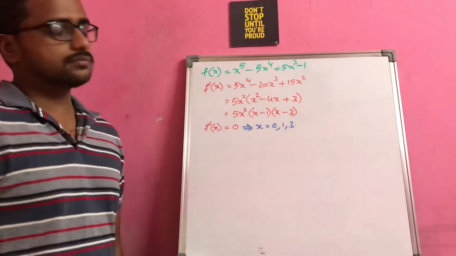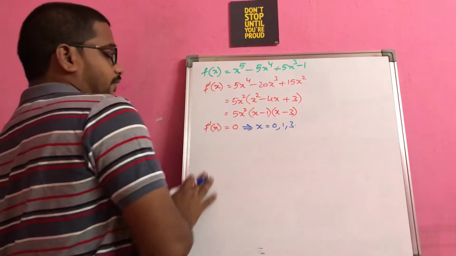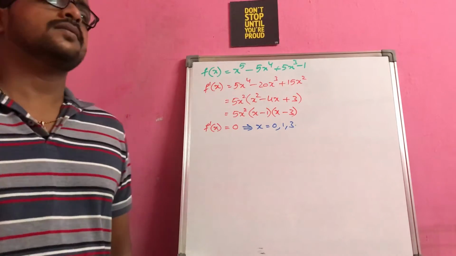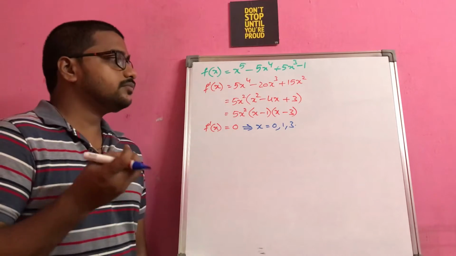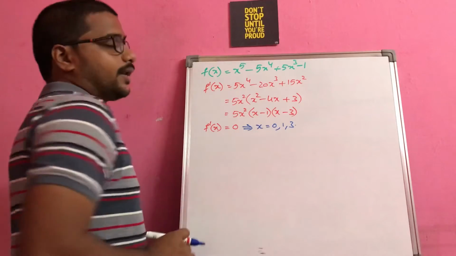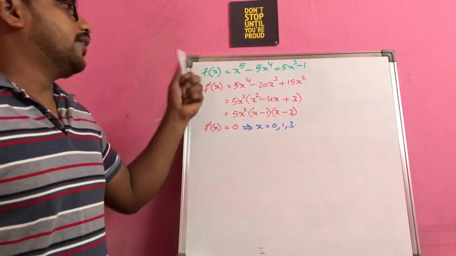These are the points. Now generally we would find f double dash of x, or even if we don't, there is no need to find the f double dash of x, because you have more than one turning point, you can just straight away substitute in the f of x.